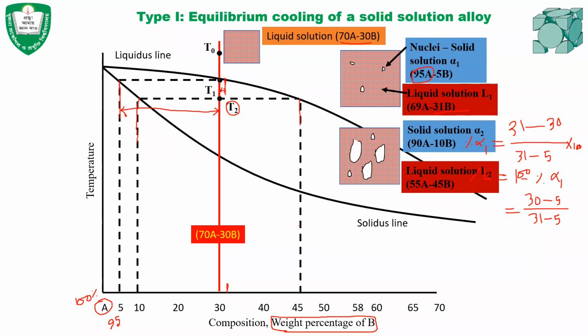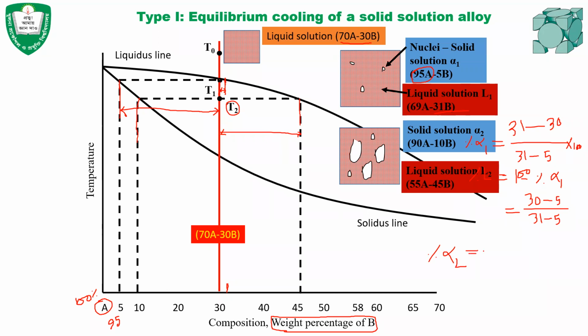Okay, then when the temperature again drops, let's find out the percentage of solid at temperature T2 and percentage of liquid at temperature T2. It's very easy, isn't it? Like to find out the percentage of solid, we have to consider this length divided by total length. This length will be percentage of alpha 2.